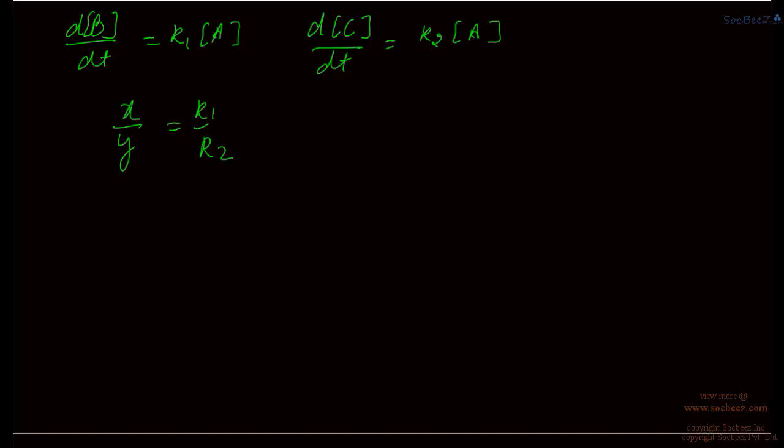Therefore, the temperature coefficient equals the rate constant after the 10 degree increase in temperature divided by the rate constant at temperature T.